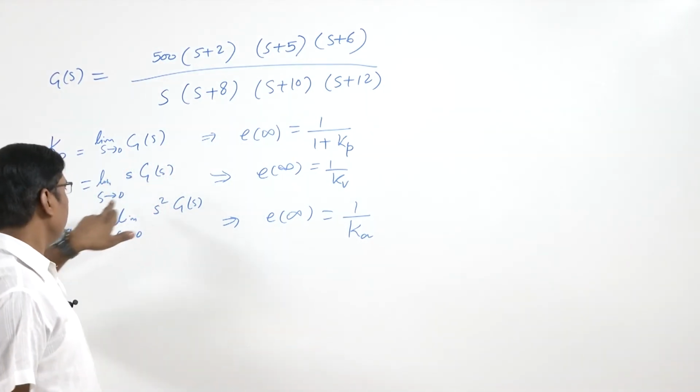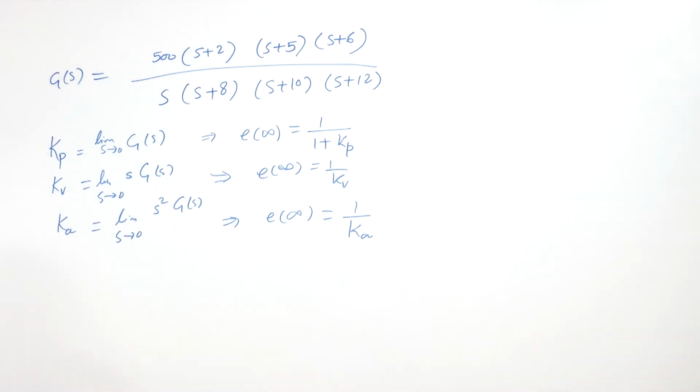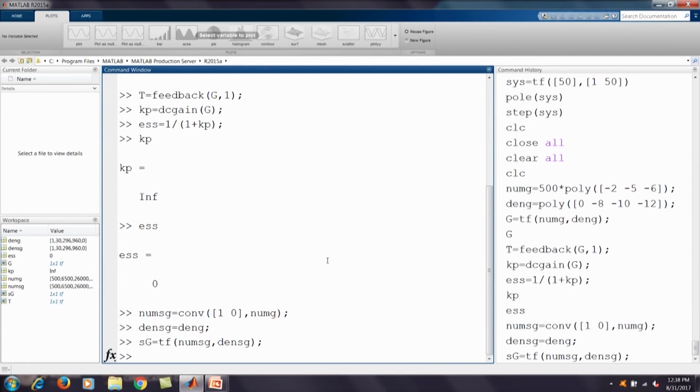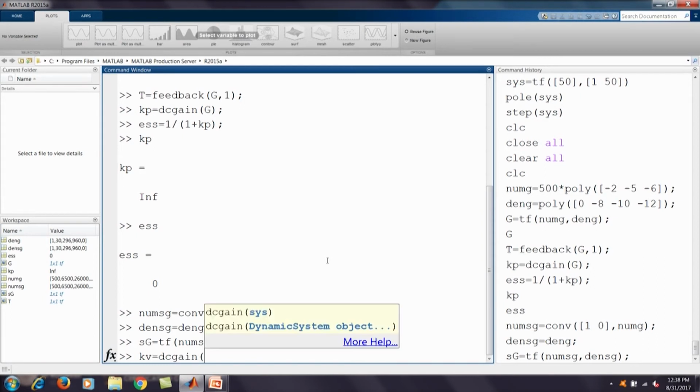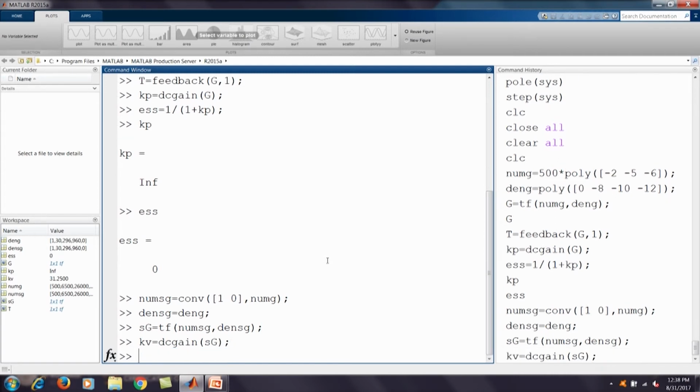Now we have to put the limit s equal to 0, by using the DC gain command. To get Kv, Kv equals DC gain of sG.